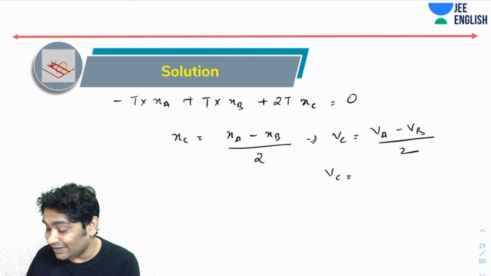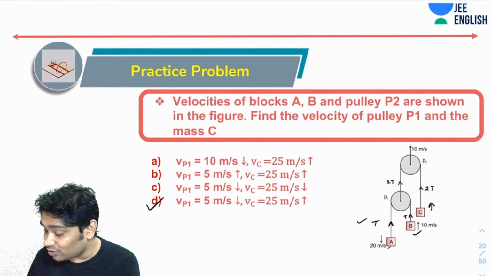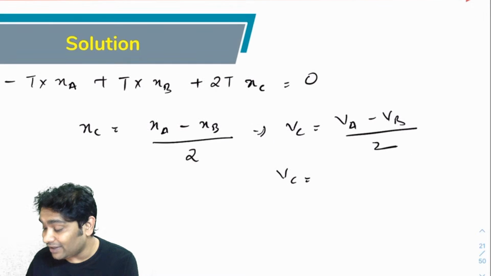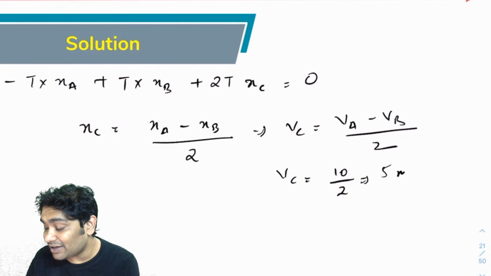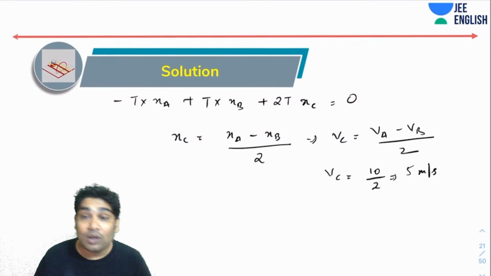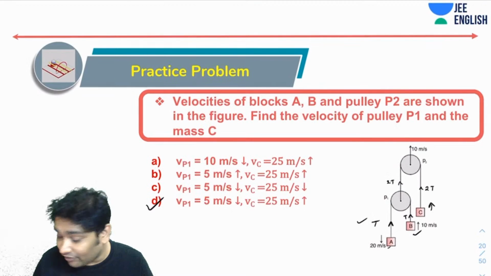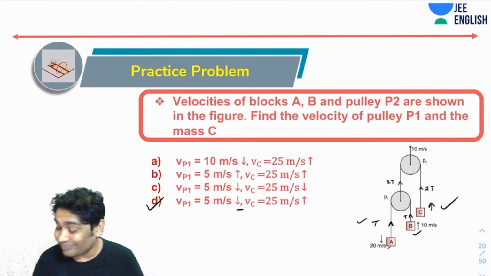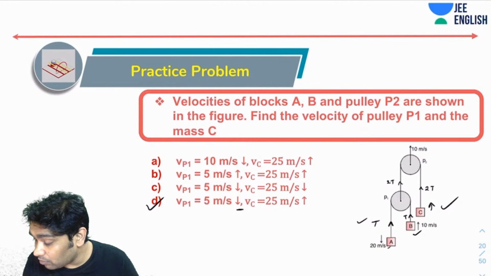So VC turns out would be, VA was 20, VB was 10, so 20 minus 10, so that is 10 by 2. So I am getting my answer as 5 meter per second, but it's 5 meter up. What I am getting is 5 meter up.